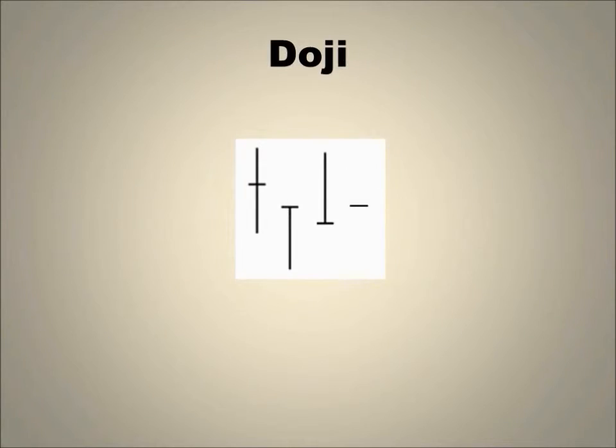So we want to pay attention to the spinning tops because that can give us an indication as far as when and where a trend might end, or when and where a new trend might begin. We're going to see many dojis in our charts, so we need to take some time to familiarize ourselves with these bodies.